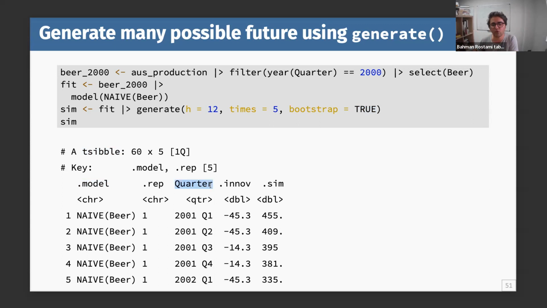Then here you have the quarter, which again is our index, corresponding to the number of periods you produce the forecast. And then you have dot sim, basically these are possible futures. And this dot innov is the sampling from the residuals that I mentioned. So each time we take something randomly from it. So dot sim is actually what we need, because this has all the possible futures here.